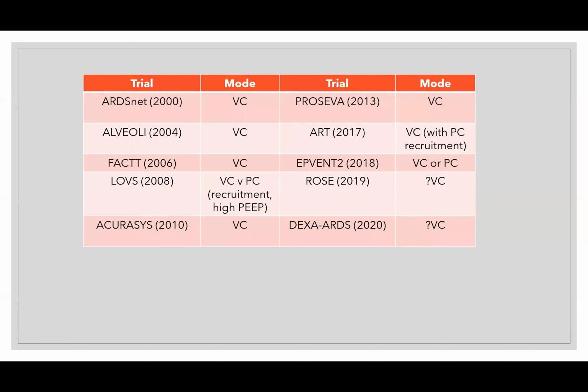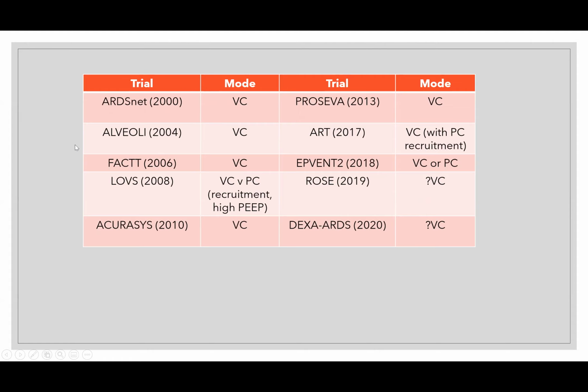So I think the justification for switching what I believe is our most common mode, pressure control, to volume control comes from the following. This is a chart showing all of the trials in ARDS over the last 21 years. We'll go through what they used and then why I think that's important. ARDS-NET initially in 2000 used volume control.